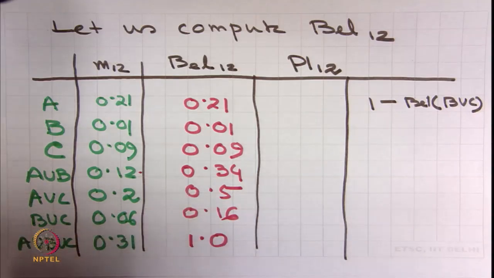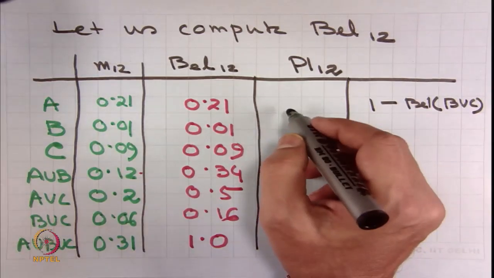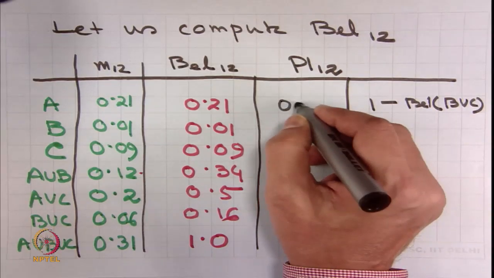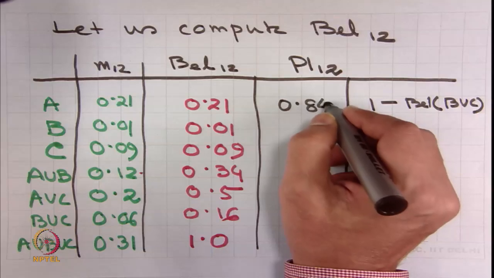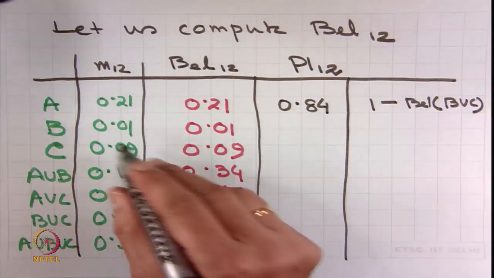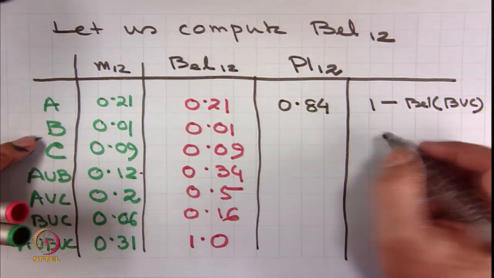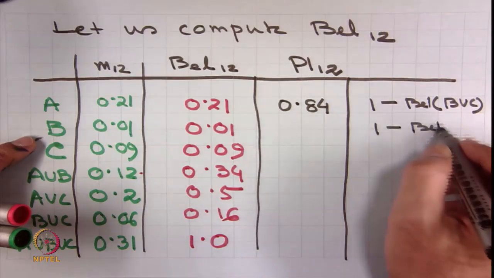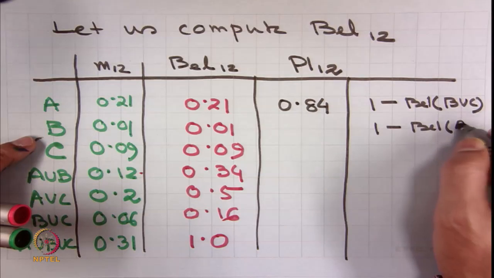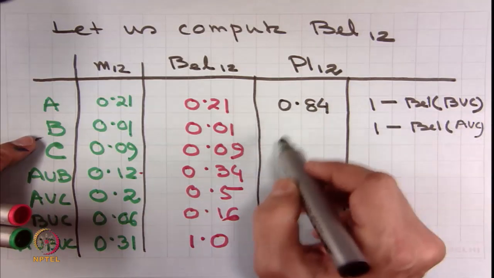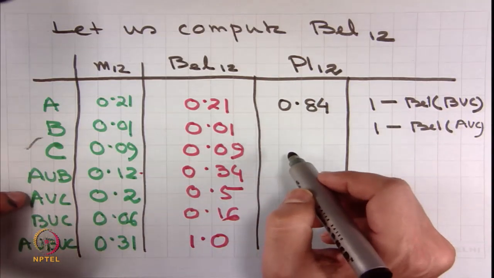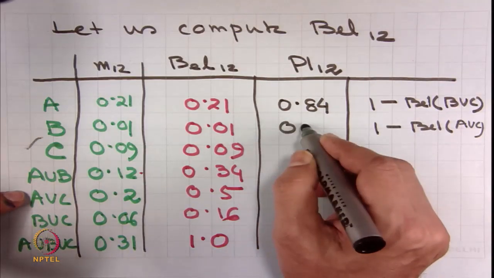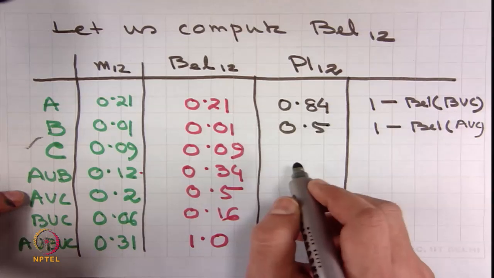Therefore, plausibility of A is going to be 0.84. In a similar way, for B it is going to be 1 minus belief of A union C, and for A union C our value is 0.5. Therefore, for B the plausibility is 0.5.